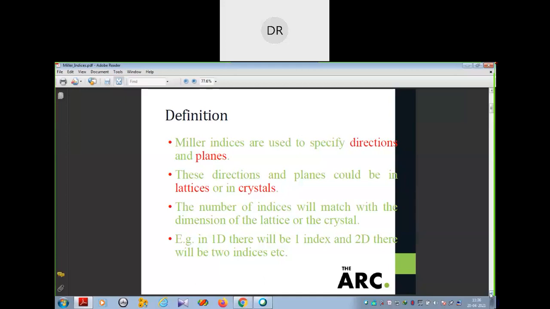Everything can be given by these Miller indices. These directions and planes may be in lattices or in crystals. For example, in one dimension you will have only one index, and in the two-dimensional case there will be two Miller indices.